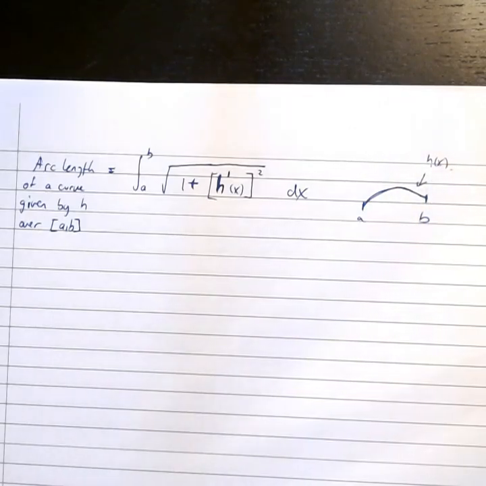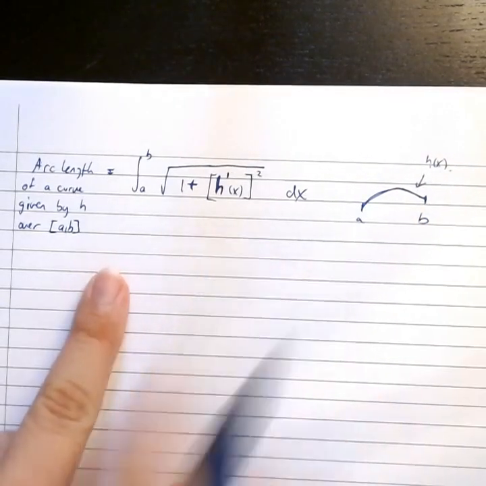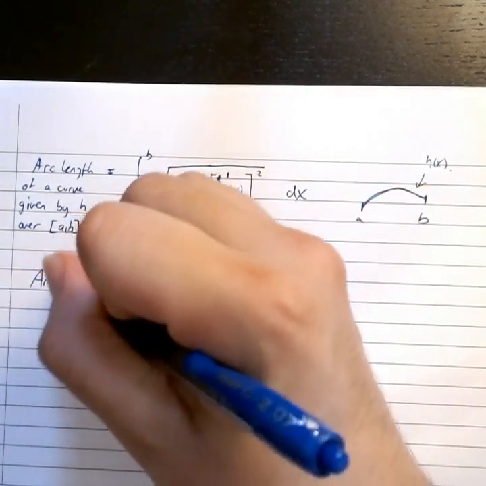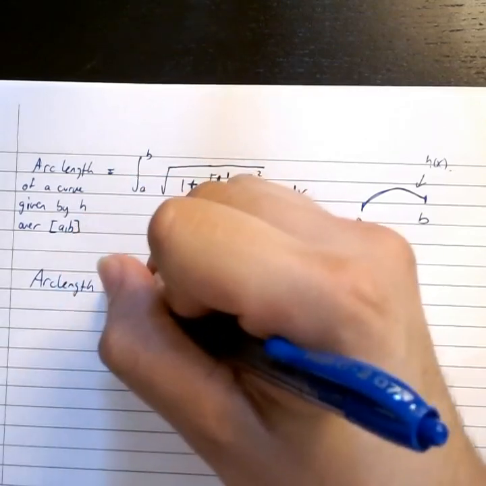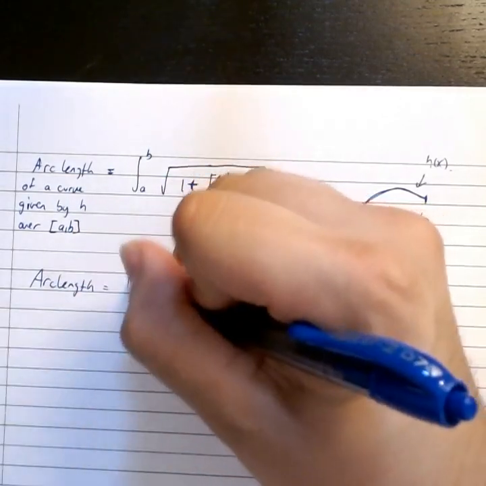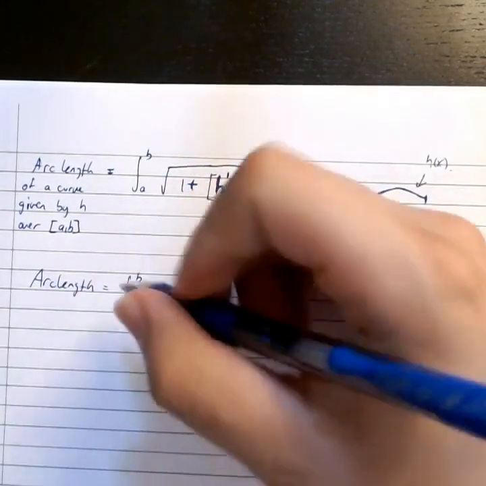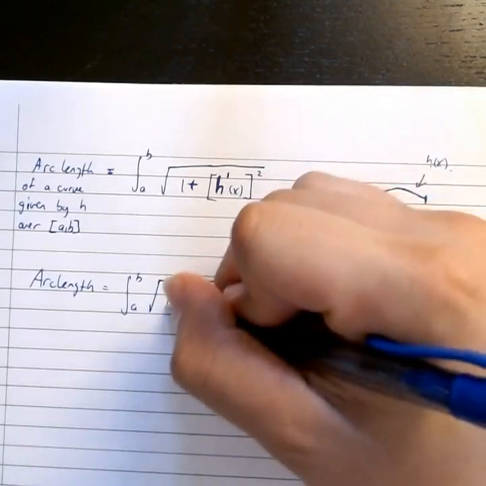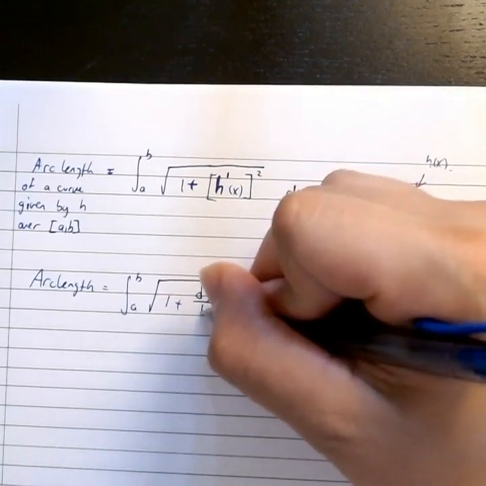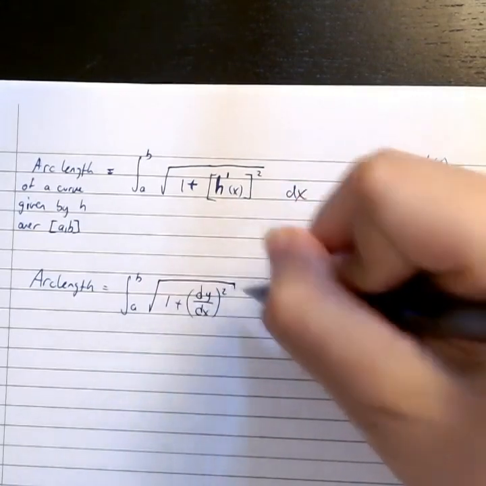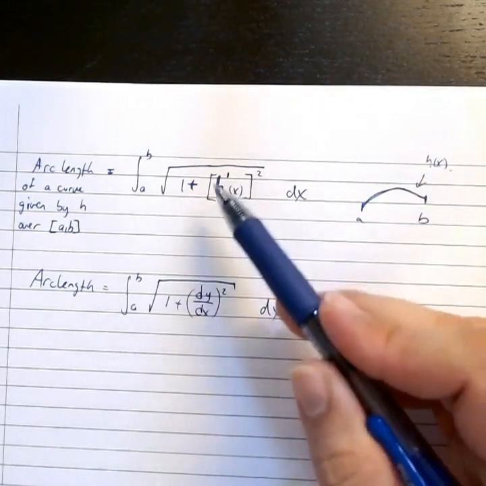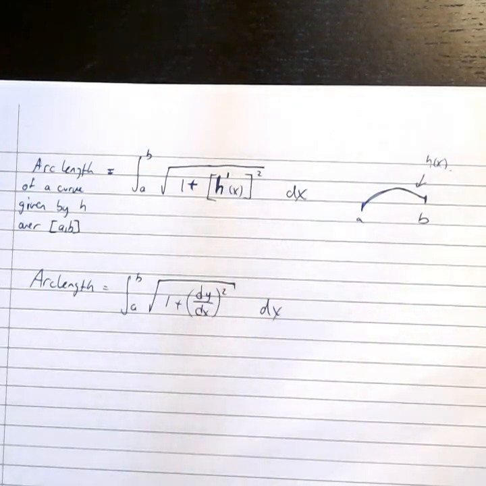Okay? Well, now we have an alternate way of expressing a curve. So here we can say, okay, well, look, the arc length can be given this way. It's the integral from a to b of the square root of 1 plus dy dx quantity squared dx. And you say, well, that's the same thing. You're just using Leibniz notation as opposed to the Newtonian notation. Right?